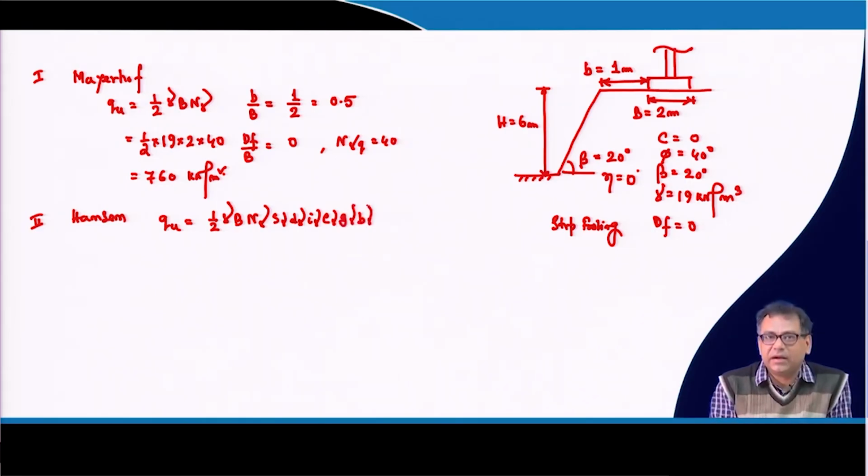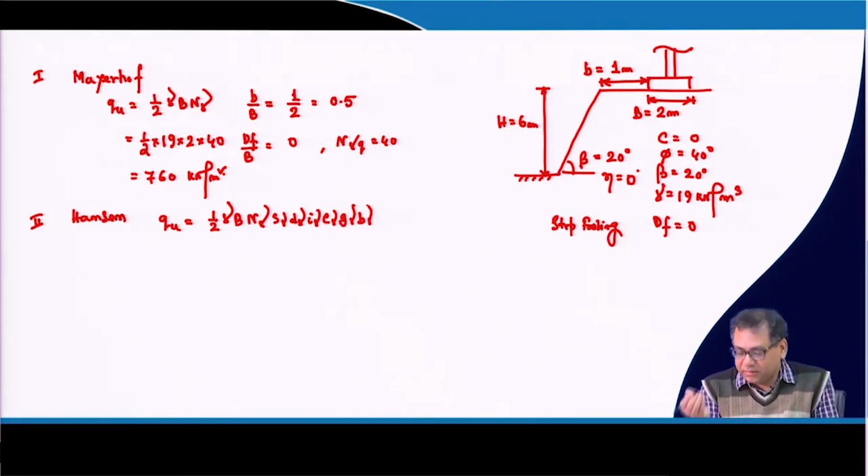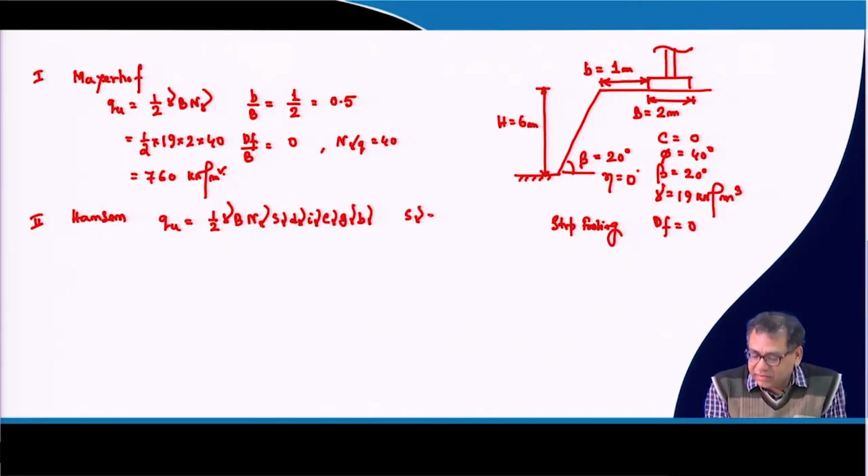So all the 6 factors are written, but let me write one by one what they will be. S gamma, because it is a strip footing, will be 1. Then D gamma, because it is on the surface, will also be 1. Then I gamma, it is not inclined loading, so I gamma will also be 1.